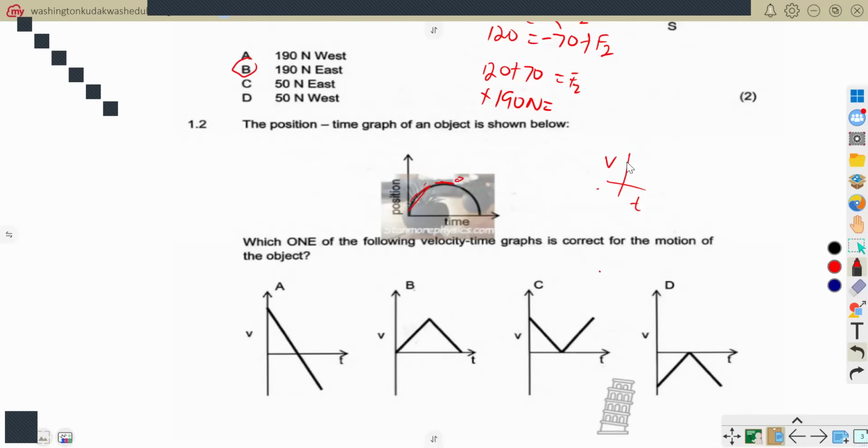So we are just simply looking for something that starts at a higher positive on our velocity time graph, goes to 0, and then passes through uniformly. So the graph that we were looking for was A. Now let's go to the next question.